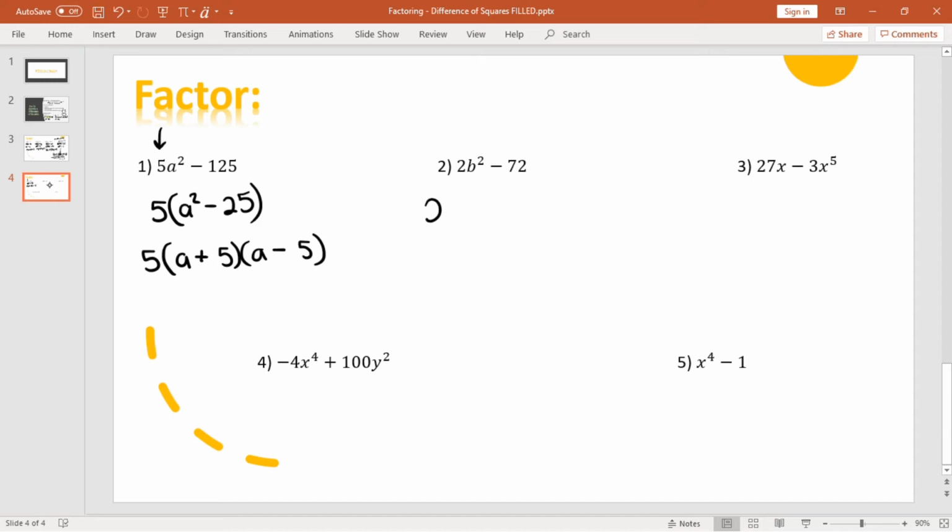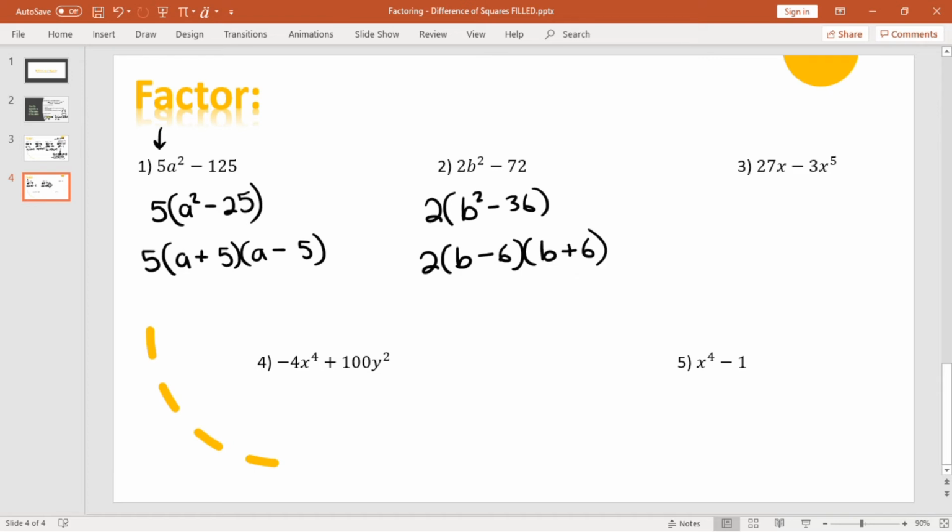Common factoring for number 2 first. You can take out a 2 and you're left with b squared minus 36. And b squared and 36 are both perfect squares. And we're going to have b minus 6, b plus 6.